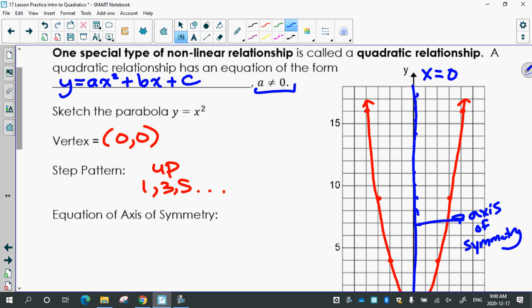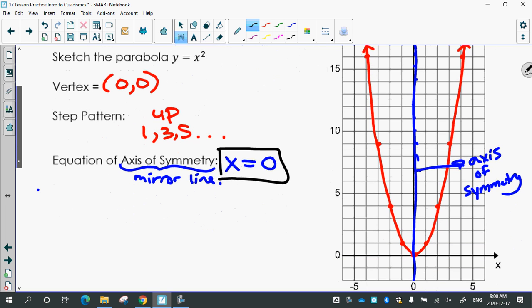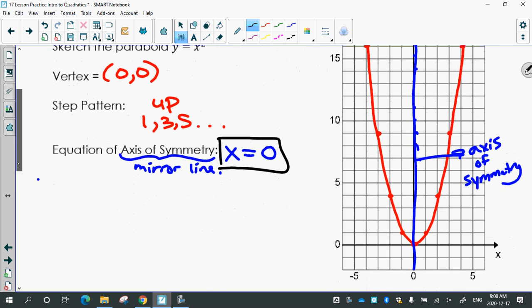So the equation of the axis of symmetry is x equals 0, and the axis of symmetry is the mirror line. And when it asks you for an equation, you need to have x equals, and it'll be wherever the x coordinate of the vertex happens to be.